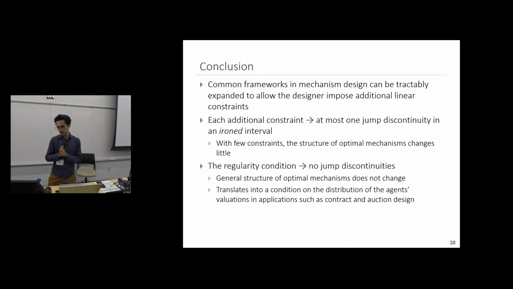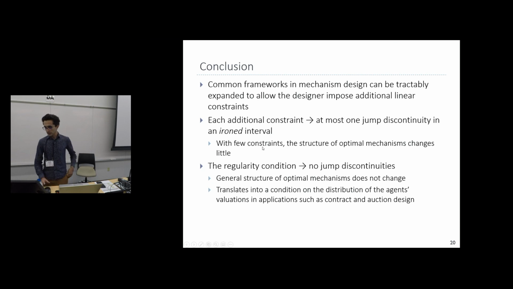We extend common frameworks in mechanism design by allowing the planner to impose additional linear constraints. Each additional constraint, as we saw in the structure of extreme points, appears as one jump discontinuity in an ironed interval.